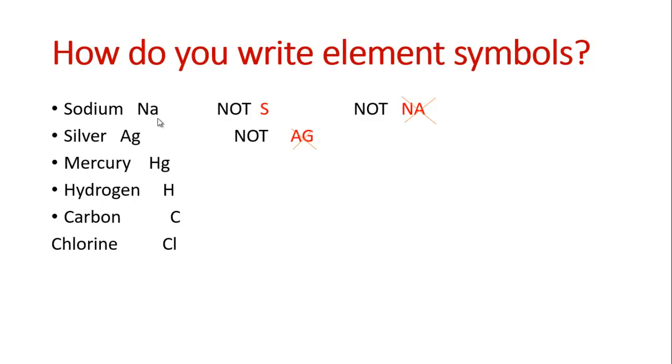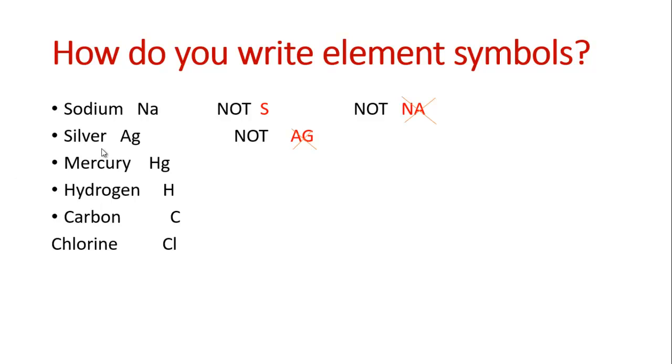So when you write the symbol of sodium, you should write capital N and small a, not capital N and capital A. This is wrong. Again, any element consists of two letters. The first letter should be a capital letter. The second letter should be small letter. Okay?